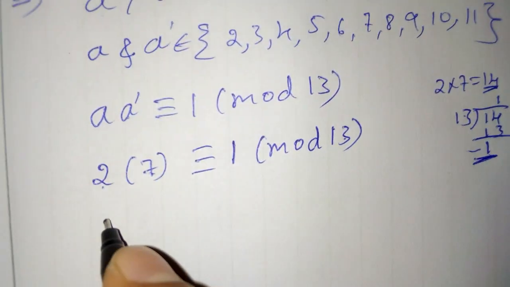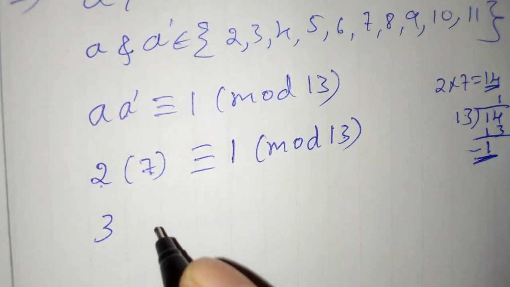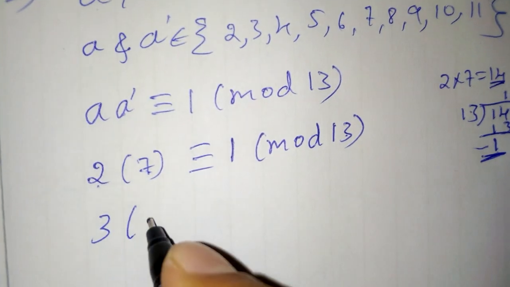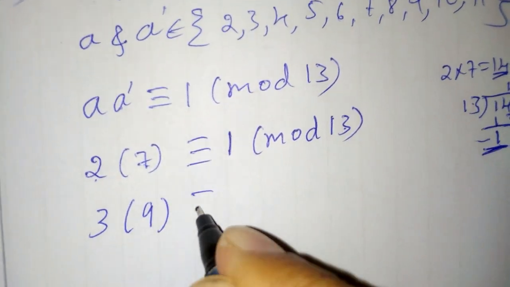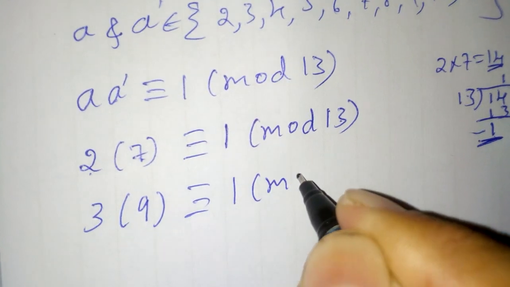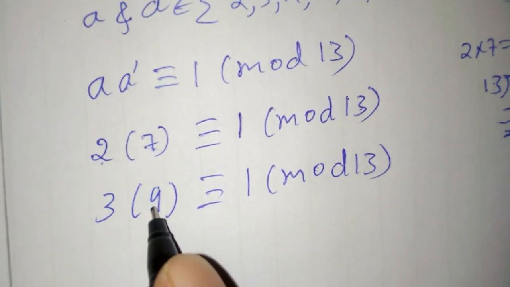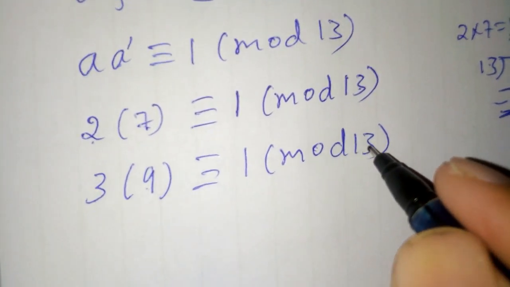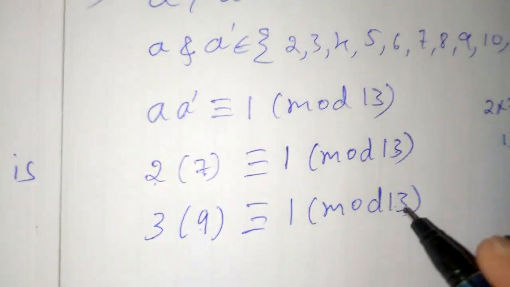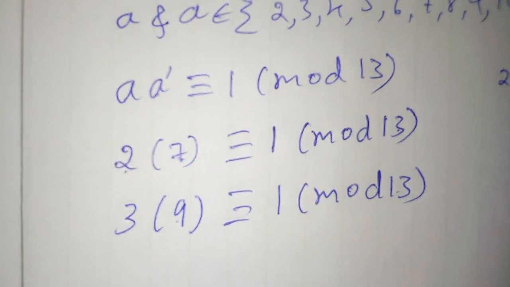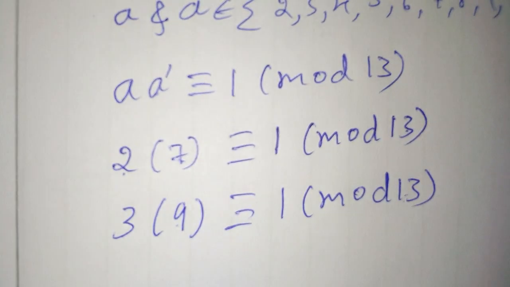The same way, if we choose a is equal to 3, then here we can put 9. Then it gives remainder 1 when divided by 13. 3 into 9 is 27. If we divide 27 by 13, then we get remainder 1, because 13 into 2 is 26.